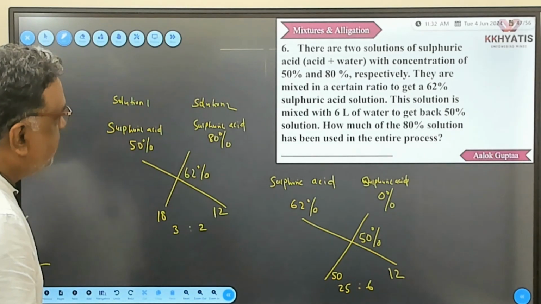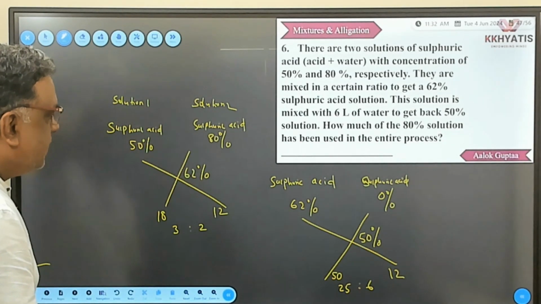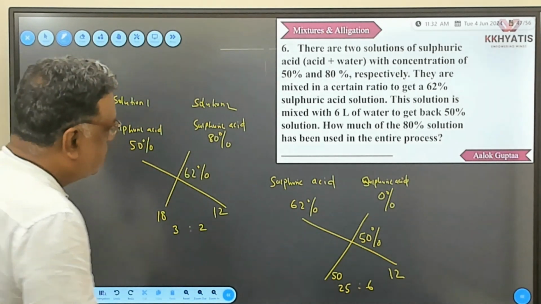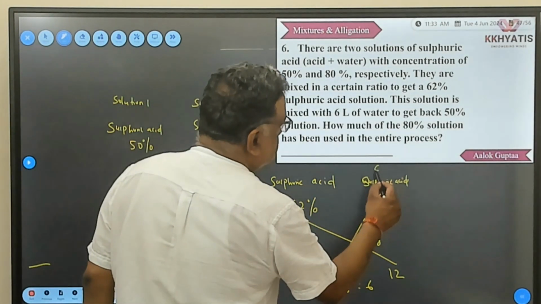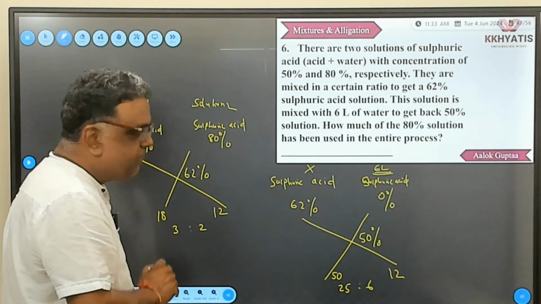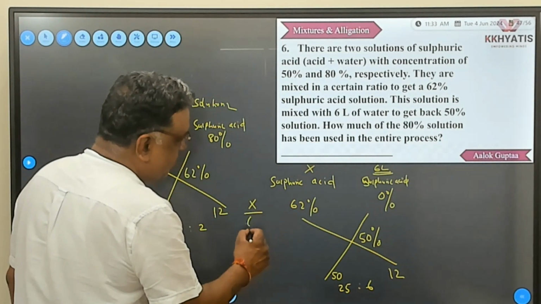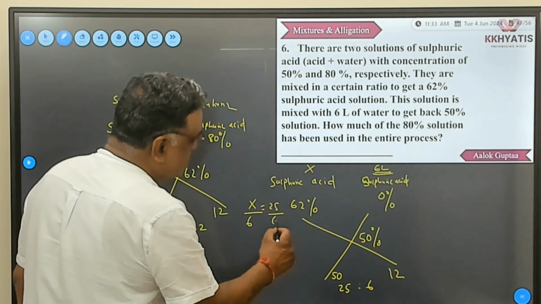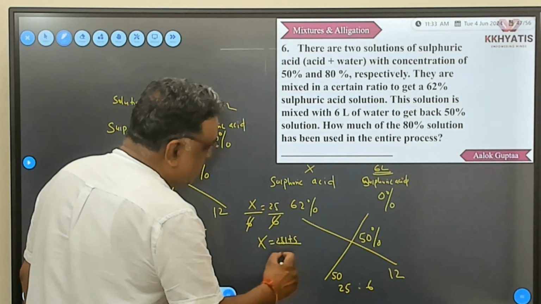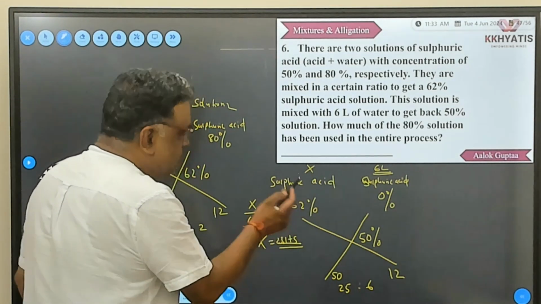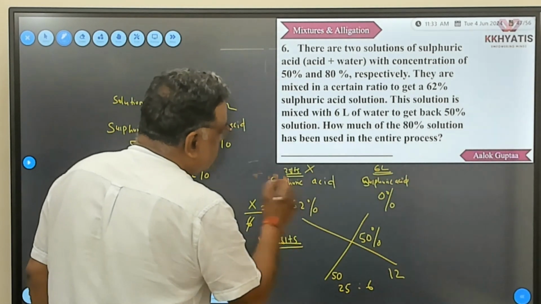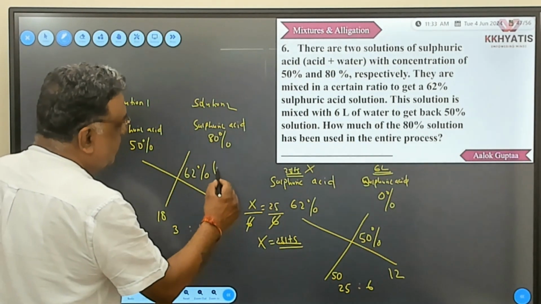How much of the 80% solution has been used in the entire process? So this quantity was 6 liters. This quantity we don't know how much it was, 62%. So x upon 6 is 25/6, which means x is 25 liters. Correct? Which means this mixture would have been 25 liters.